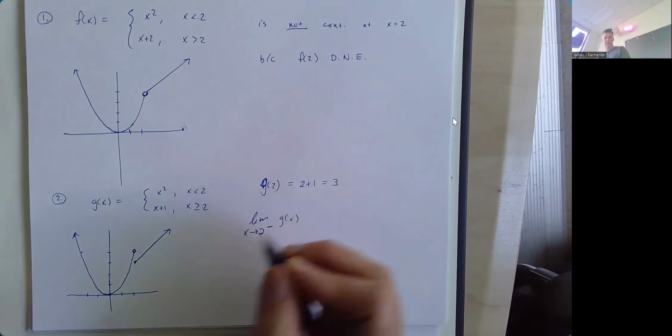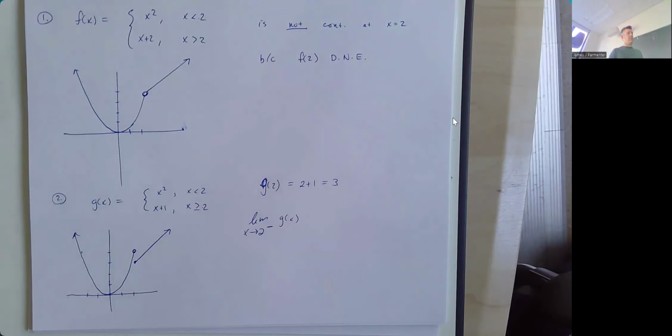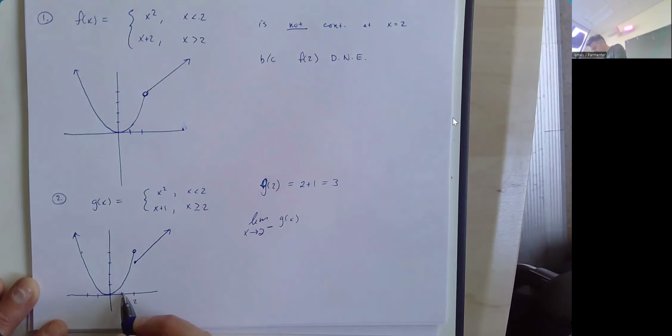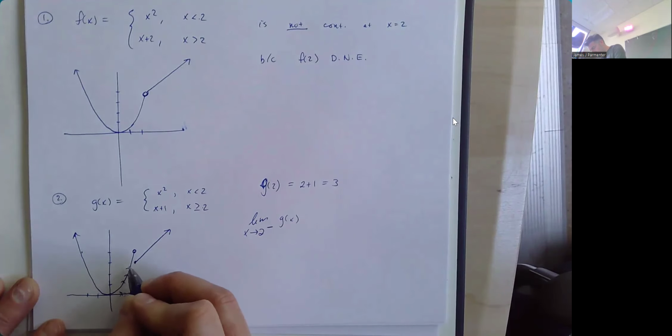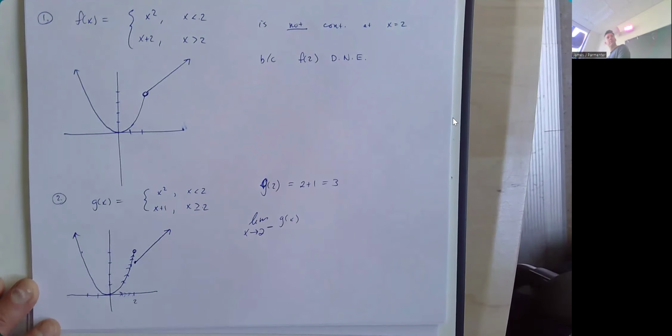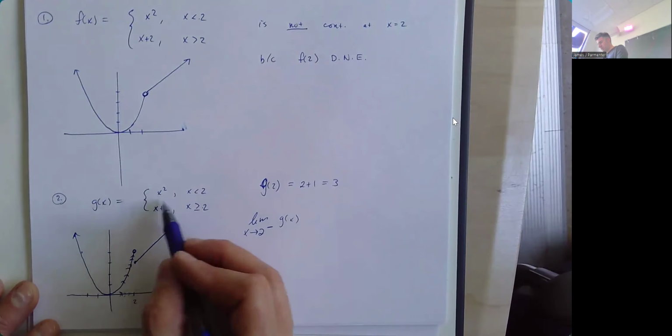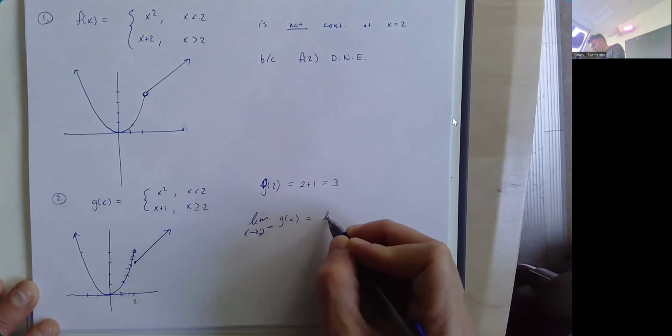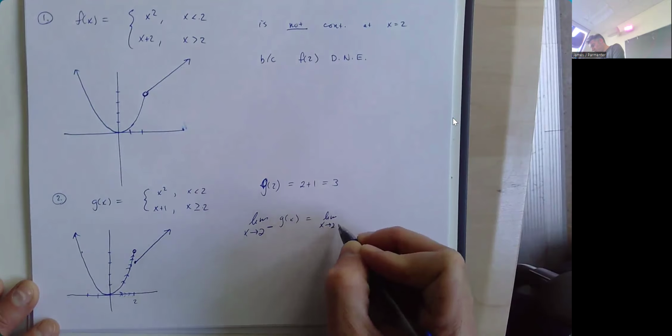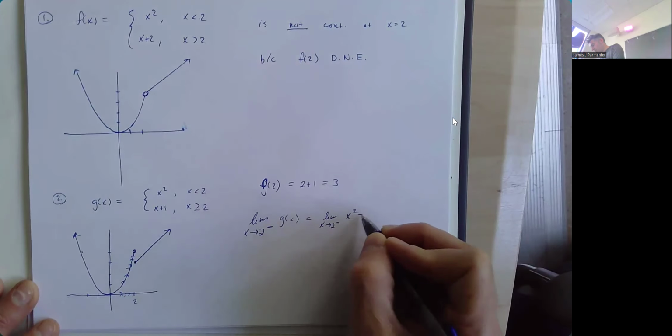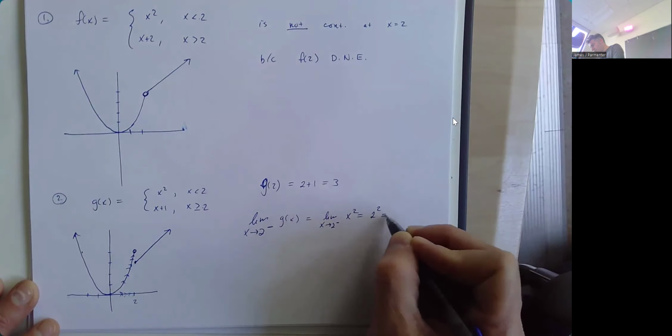Now, I could actually write things, or I could just look at the picture. If I look at the picture, as x approaches 2 from the left side, the y values are getting closer and closer to positive 4. I could also use the piece of the function and say that's the limit as x approaches 2 from the left of x squared, which is just 2 squared, which is just 4.